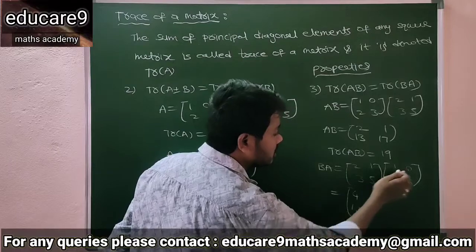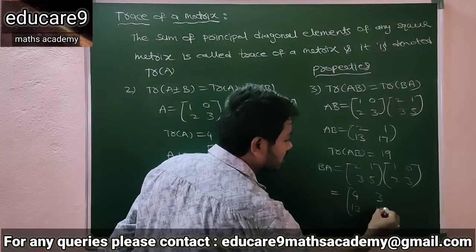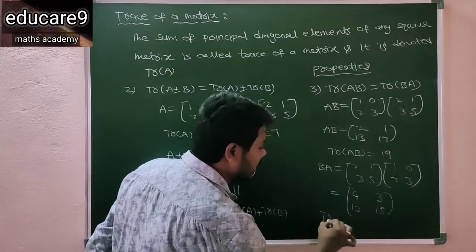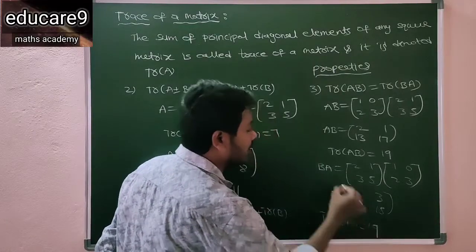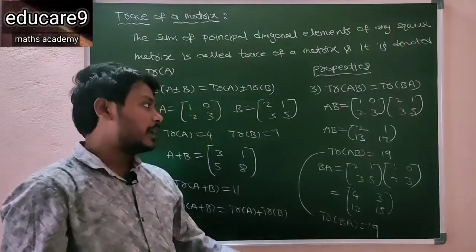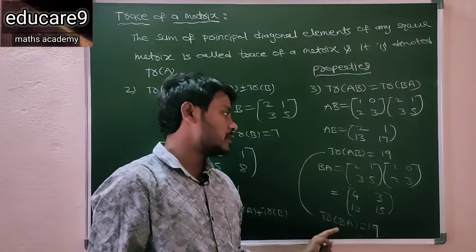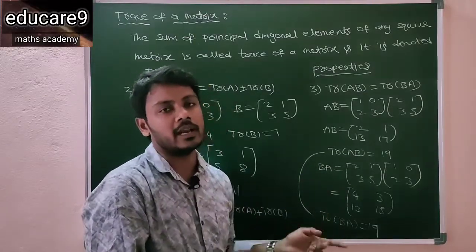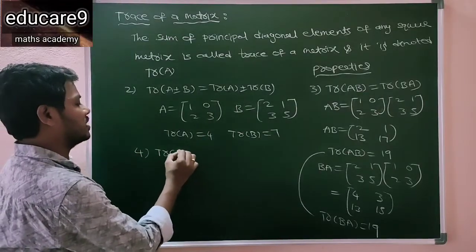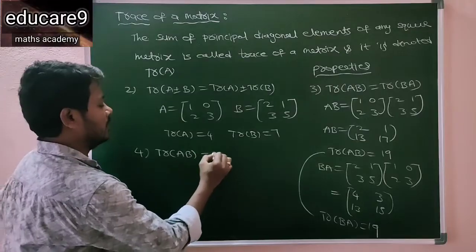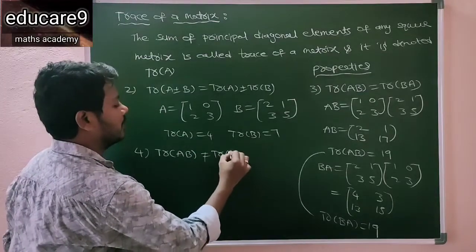Next 0 plus 15, that is 15. So clearly trace of BA will also be 19. Therefore trace of AB is equal to trace of BA. So both are equal.